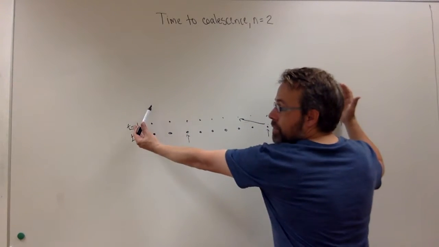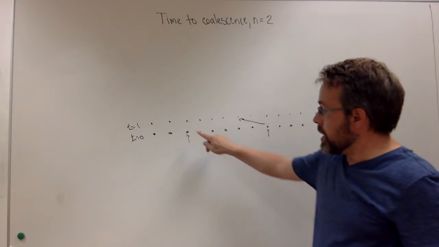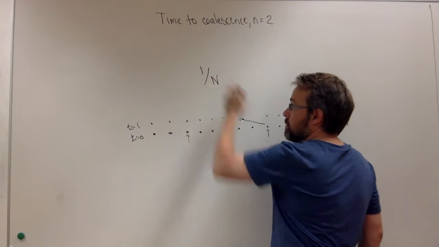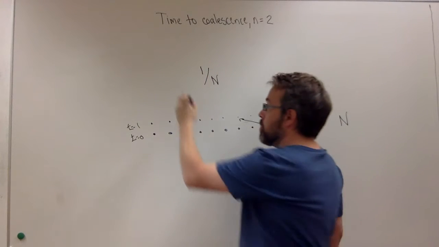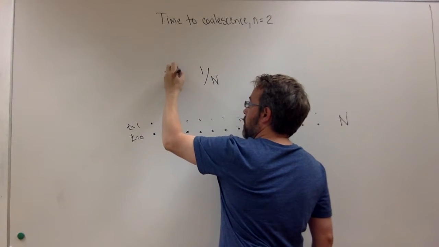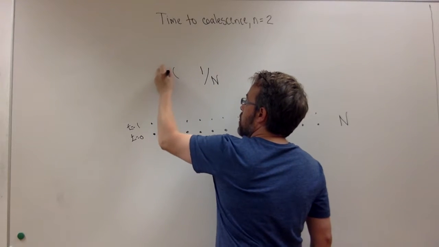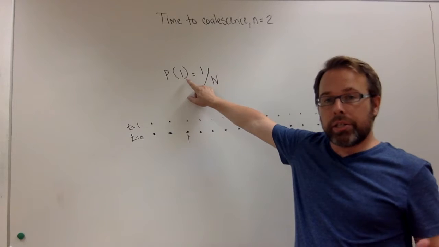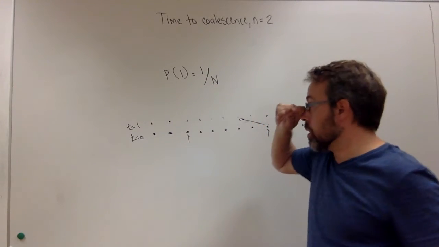And well, if there's n individuals and it's random, then the chance that this individual has the same parent as this one is just 1 over n. Okay, so the probability that they coalesced one generation ago is 1 over n.